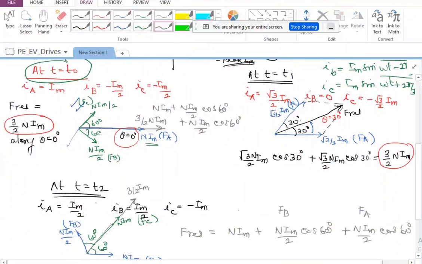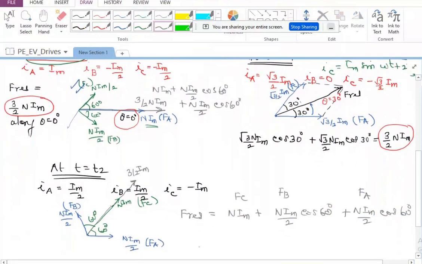This is Fb, and this is going to be Fc. So again, what we get is 3 by 2 times NIm. But this is along theta equal to 60 degrees. So originally it was at theta equal to 0. The next time it became theta equal to 30. Now it has become theta equal to 60.